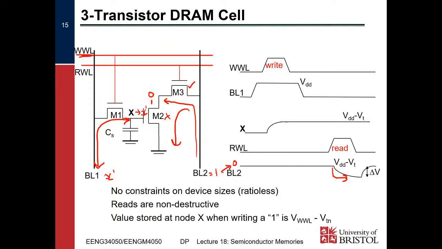It'll drop down a bit, we'll notice it, and then we'll amplify that up to a real 0, right? Notice, because we're storing our charge on a capacitor, and this capacitor will leak charge, we have to periodically refresh this cell, right?